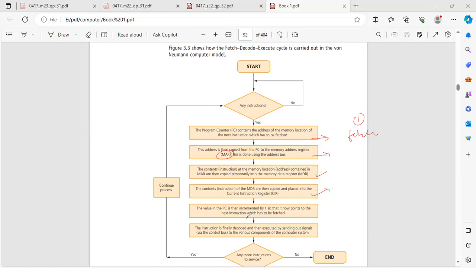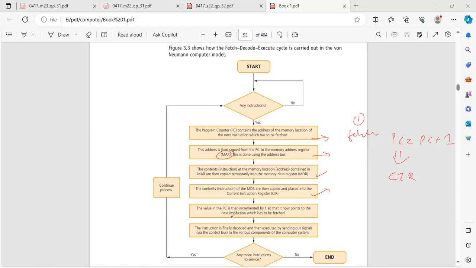So the value in the PC is then incremented by 1 so that it now points to the next instruction which has to be fetched. So PC is updated, PC plus 1, because it has transferred its instruction to CIR. CIR will hold the current instruction on which the processor will work.